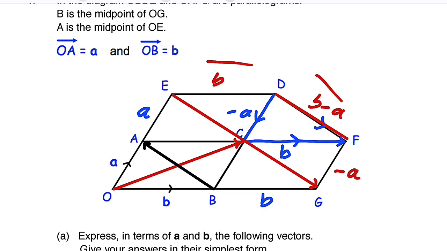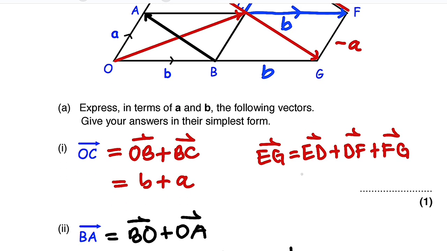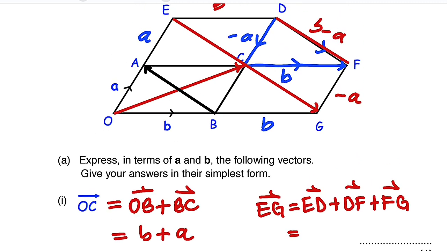EG. So we can say that EG is equal to ED plus DF plus FG. All right. And this is equal to, what is ED?